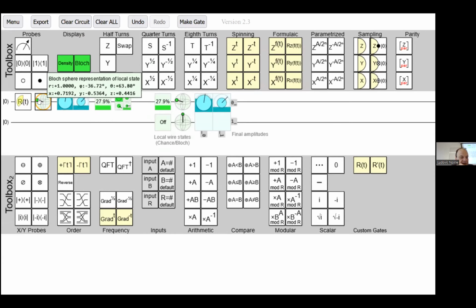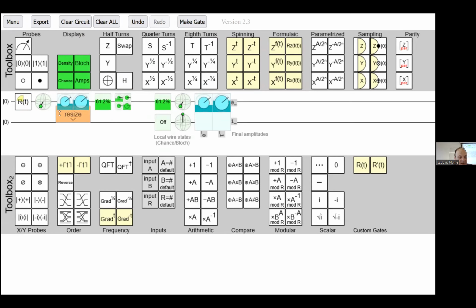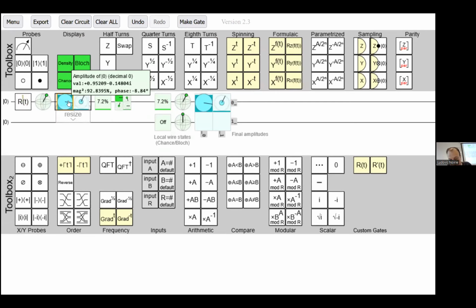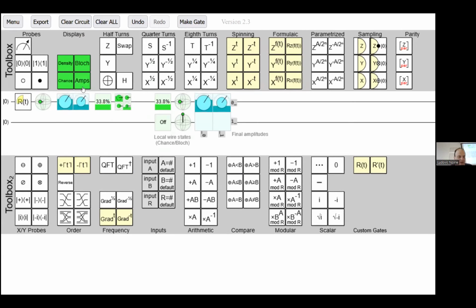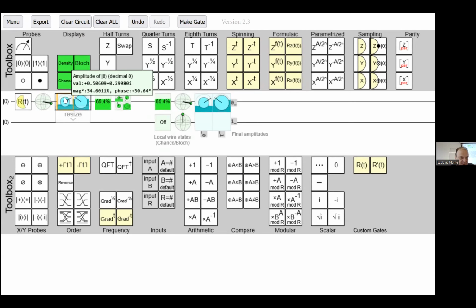Here you see that with this gate, it's a way to produce a pseudo-random qubit on the Bloch sphere. Here you have the point on the Bloch sphere, and here you have the vector representation in the Hilbert space. The first square is the first coordinate. The second square represents the second coordinate.